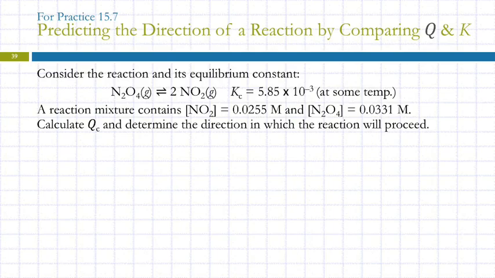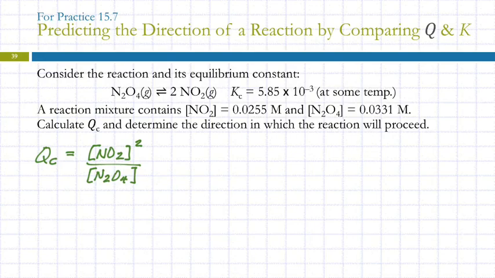So we first have to write the equilibrium constant expression or the reaction quotient expression, same thing. So we don't have any solids or liquids, so we've got the concentration of products, and that coefficient is a 2, so we have an exponent of 2, and we're dividing by the reactants. The coefficient there is 1.